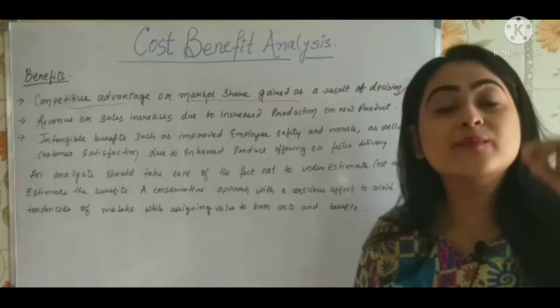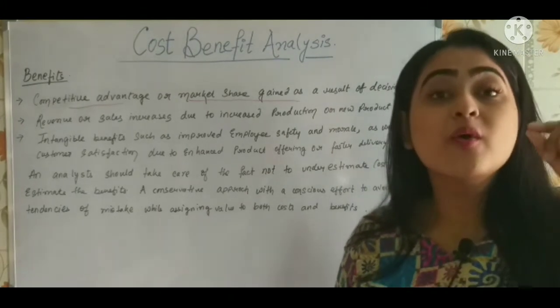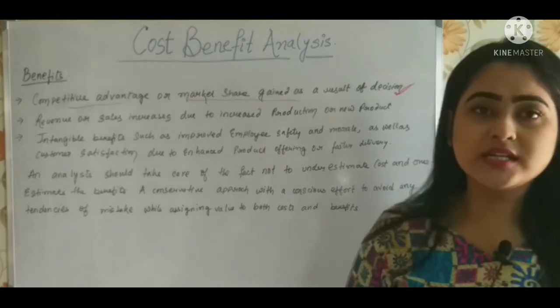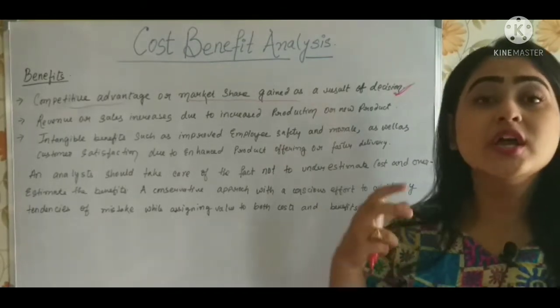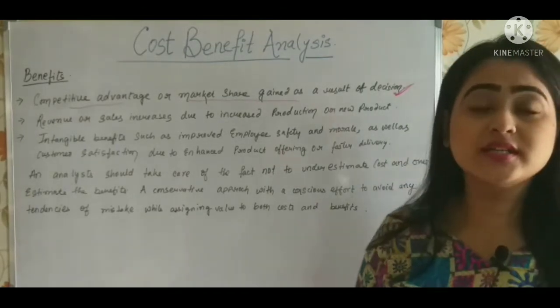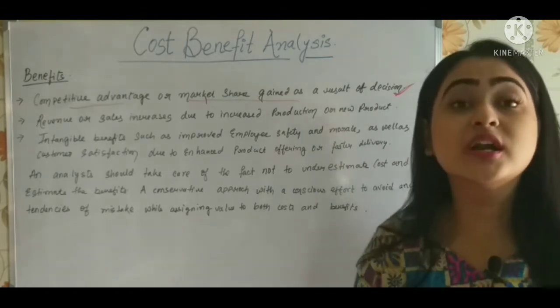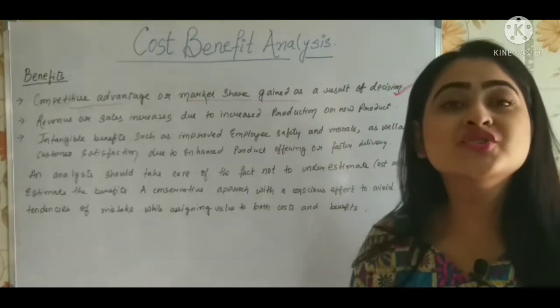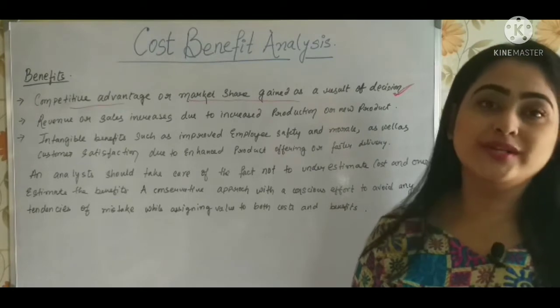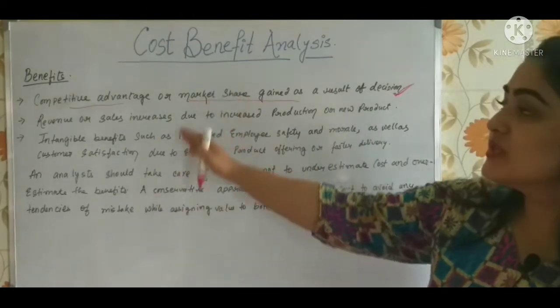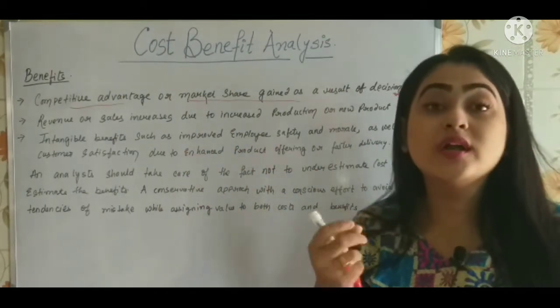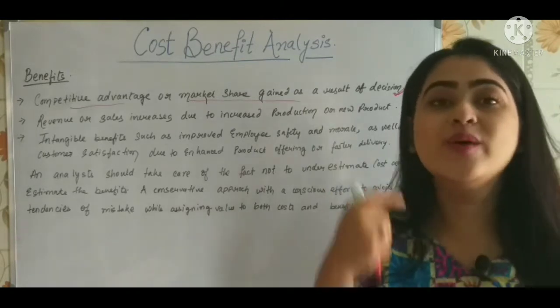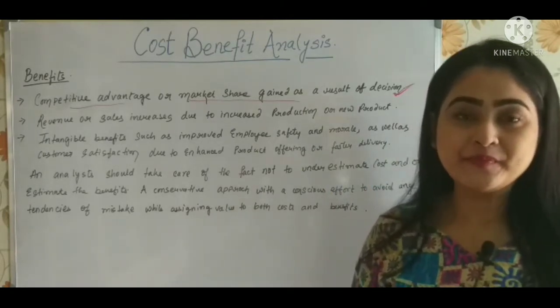If, just because of taking a certain decision, competitiveness is increasing, competitive gain is taking place, or market share is increasing, then that should be included while calculating the benefits. So this basically states what are the things that should be included while calculating the benefits, isn't it?